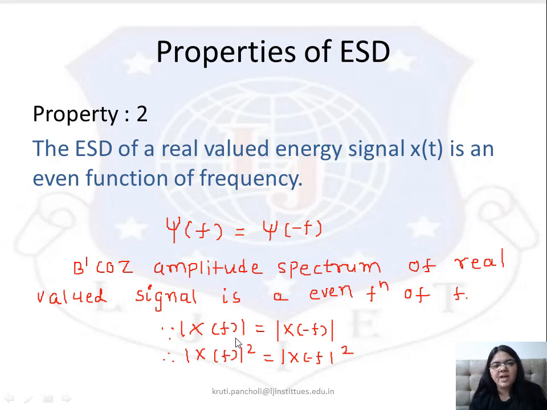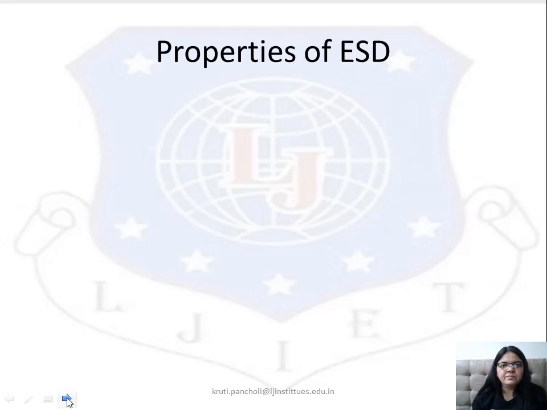So the modulus of X(f) is equal to the modulus of X(-f). Now we square that: it is psi(f), the modulus of X(f) squared, the energy spectral density of this function, and psi(f) is equal to the modulus of X(-f) whole square, which is psi(-f).